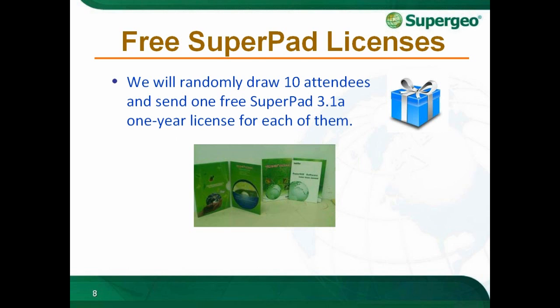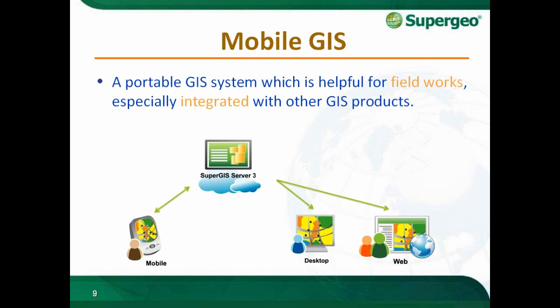Thank you. Hi everyone, this is George. And today I'm going to mainly introduce mobile GIS, a portable GIS system which is helpful for your field work, especially when integrated with other GIS products such as the server GIS, desktop GIS and web GIS.